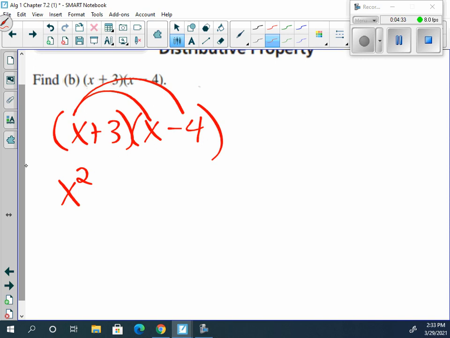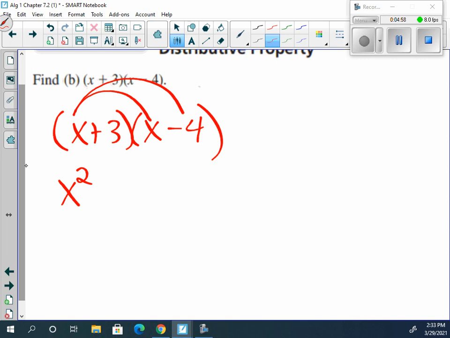Because it's dealing with the property of exponents. Whenever the bases are the same, you add the exponents together. Well, in our first x, the exponent is 1, because it's not written. In our other x, the exponent is 1, and 1 plus 1 is 2. So we add the exponents together.